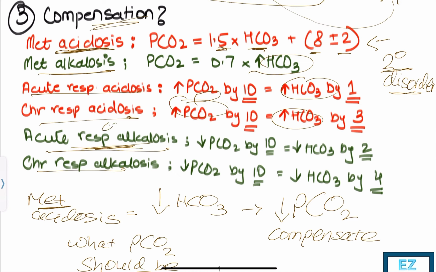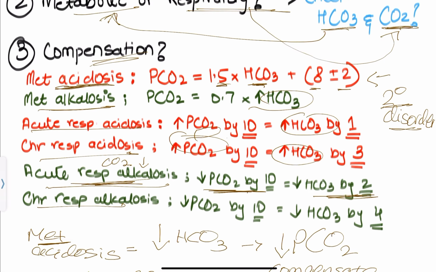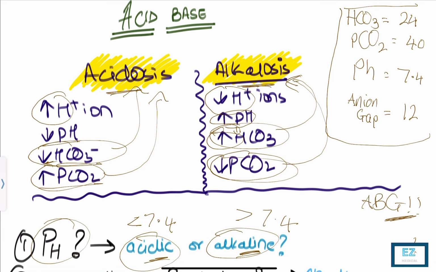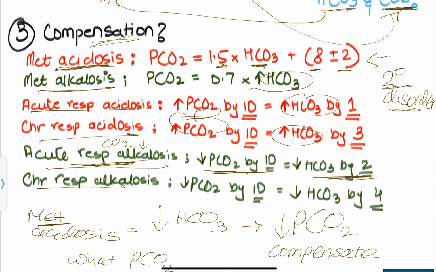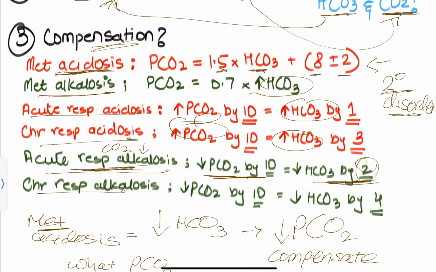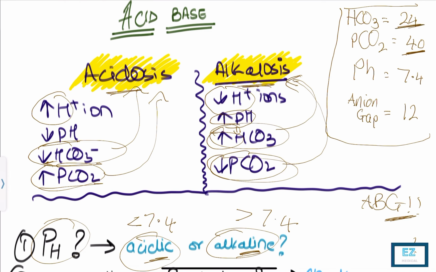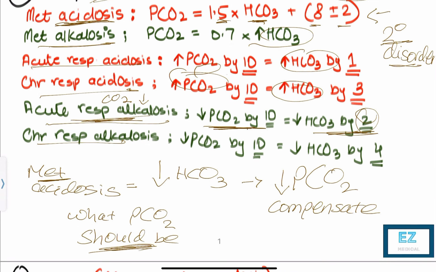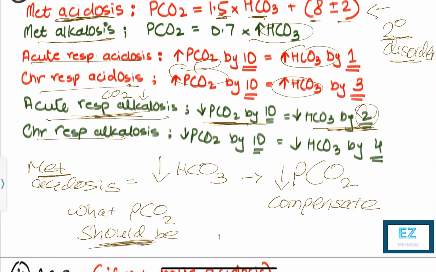When our CO2 is less. So our drop in CO2 by 10, every drop by 10 should also drop the bicarb by 2. What does this mean? This means that if we go up here, every drop of 10 from 40 would equate a drop in your bicarb by 2.